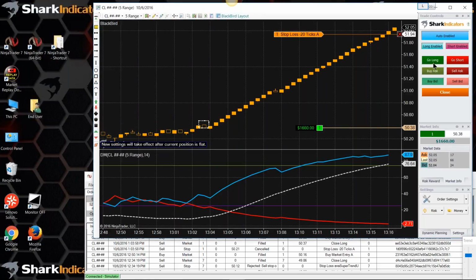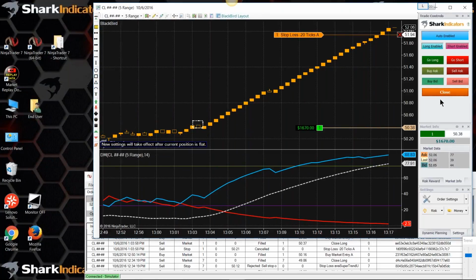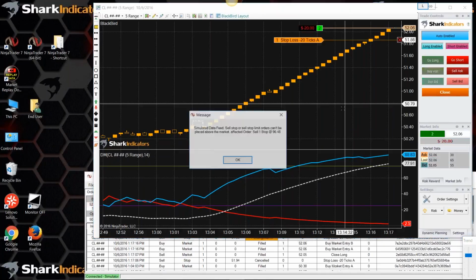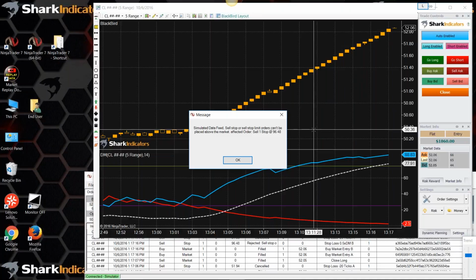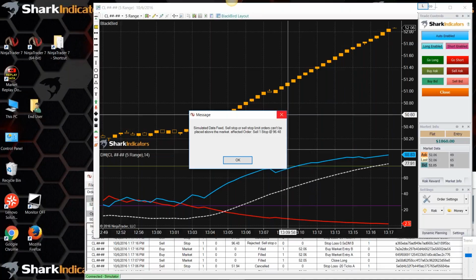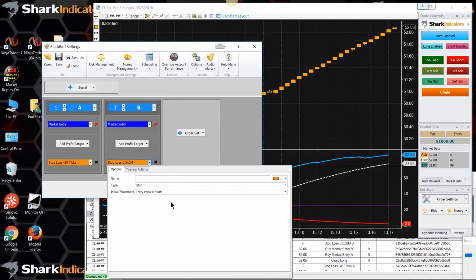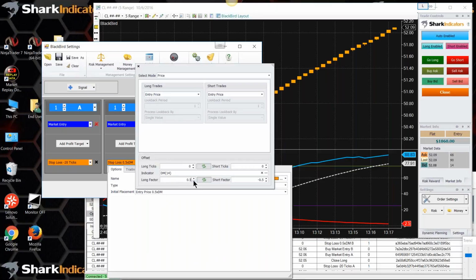Let's just see what happens here. I've got to make sure this is a stop loss, so I need a negative half multiplier or factor.